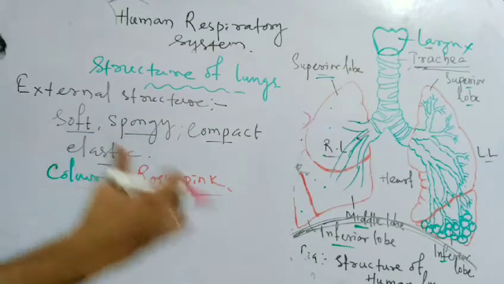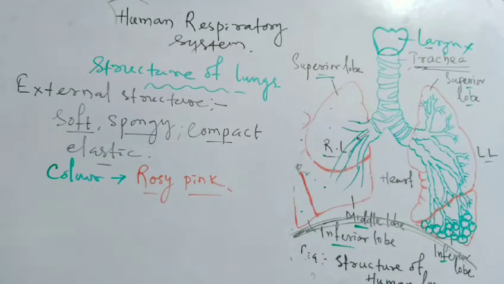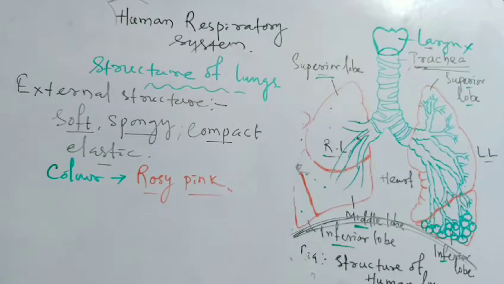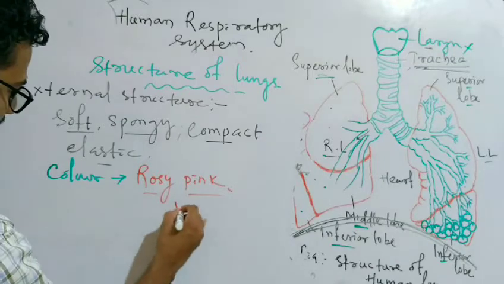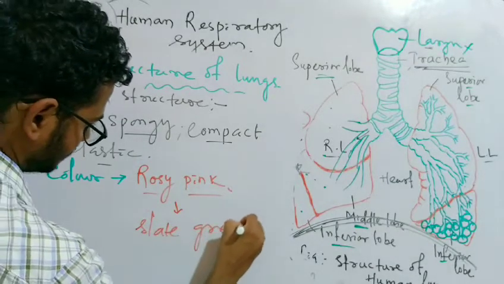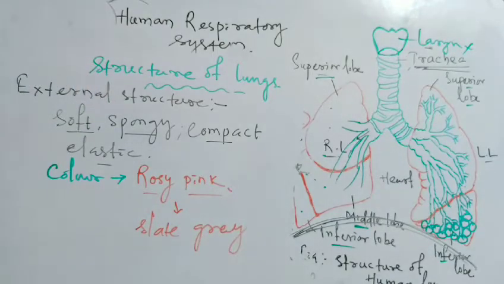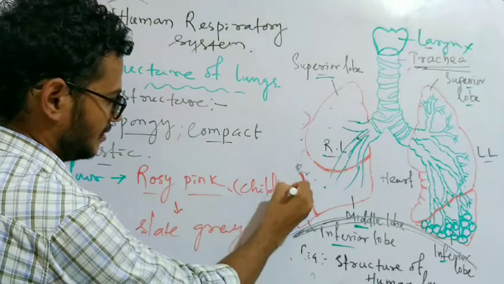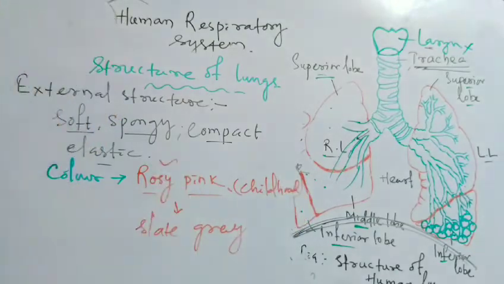But with age, when the individual becomes older, it becomes darker until it looks slate gray. Okay, it looks slate gray gradually. During childhood it looks rosy pink. So this is about the color.